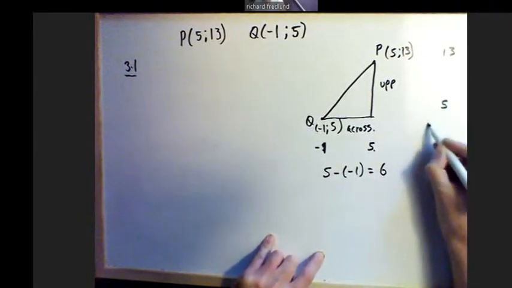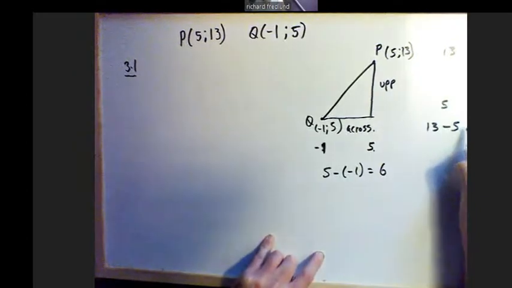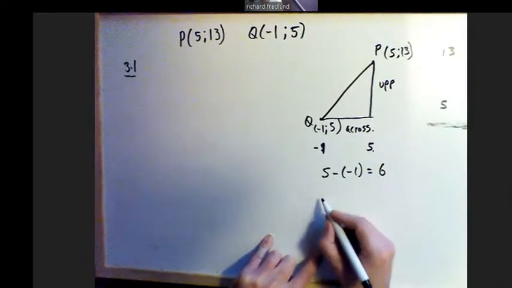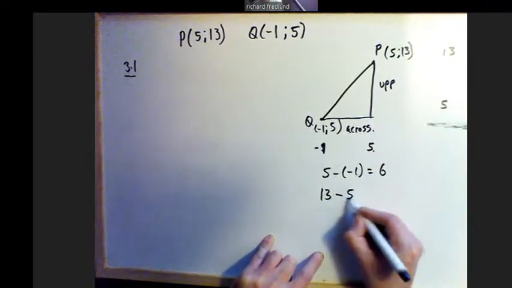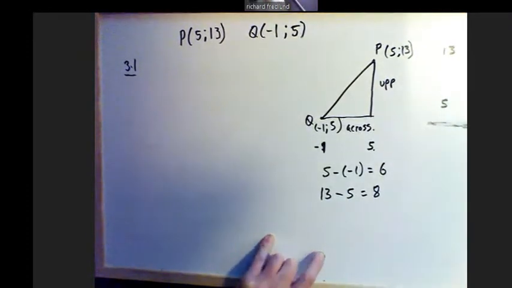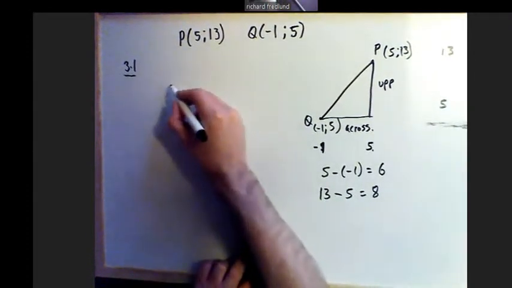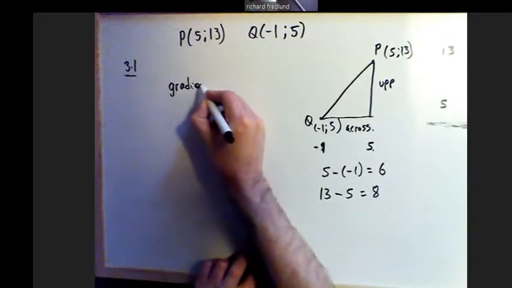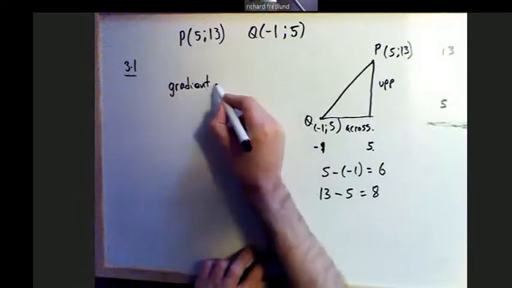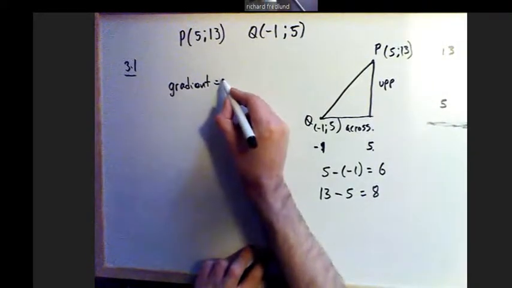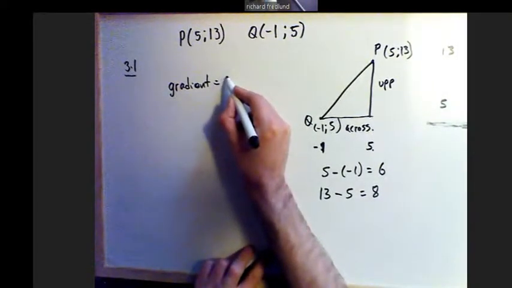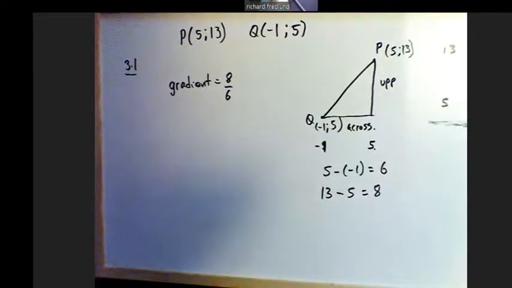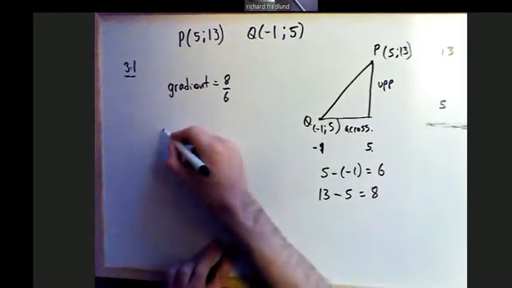So 13 minus 5 is equal to 8. And the gradient is actually up over across, so that would be 8 over 6.